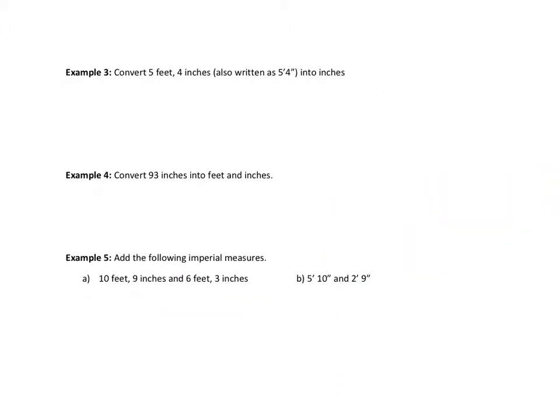In example 3, we're converting 5 feet and 4 inches into inches only, okay? So if we think about the conversion, we know that there are 12 inches per foot, so we take our 5 feet and multiply by 12, and then add the extra 4 inches, so we get 64 inches.